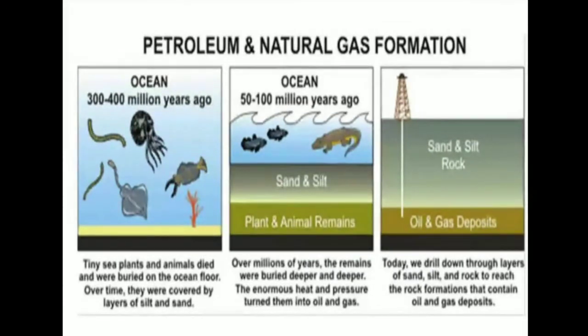Then over millions of years, the remains were buried deeper and deeper. The enormous heat and pressure turned them into oil and gas. Today we are drilling down through layers of sand, silt and rock to reach the rock formations that contain oil and gas deposits.